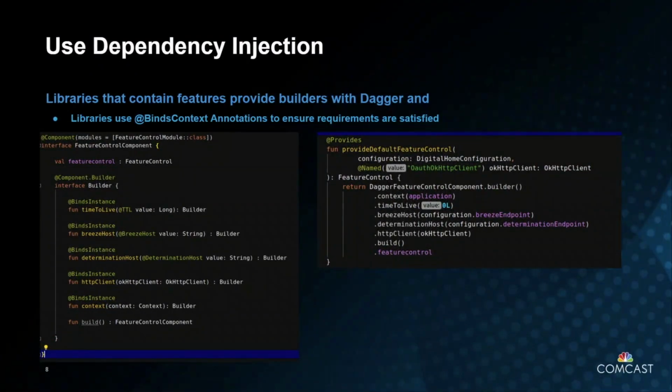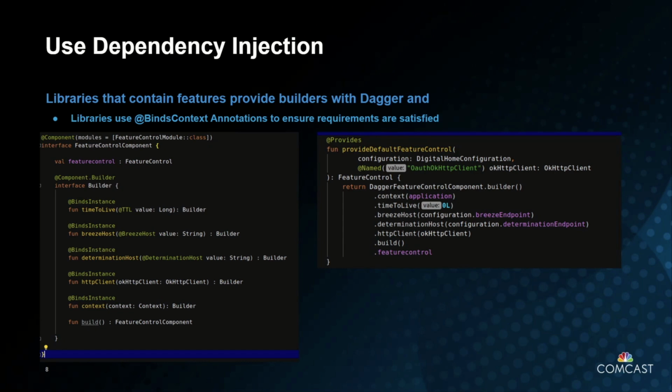So on the panel to the right, this is an actual injection, some fictitious feature control class that requires a few things like the application context. So if you notice that there's a field called TTL, time to live, and it's annotated with a qualifier called TTL as a qualifier interface.